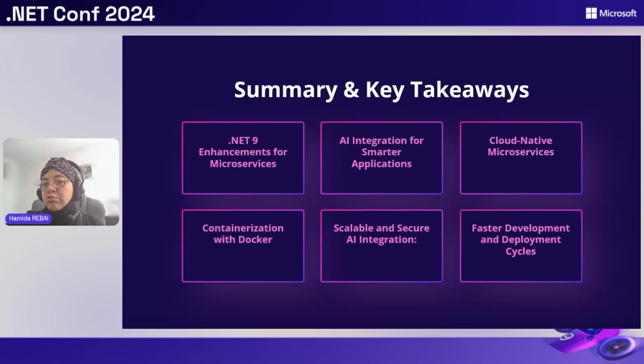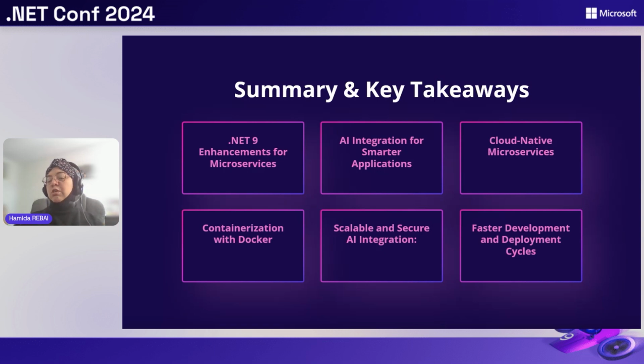We need to use Azure OpenAI in our microservices, which enhances functionality by enabling intelligent decision making, personalized recommendations, and predictive analytics. We use containers using Docker because we need to simplify the deployment of our microservices by packaging them and their dependencies into consistent portable containers that can be more easily scaled and deployed in cloud environments.